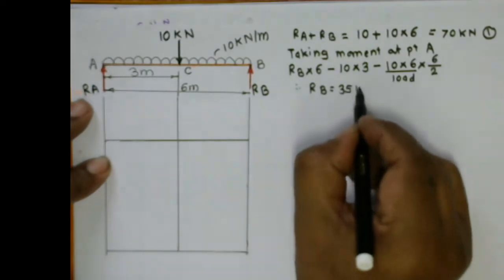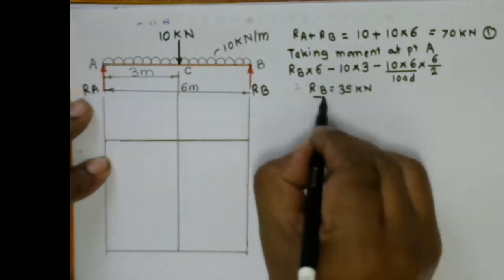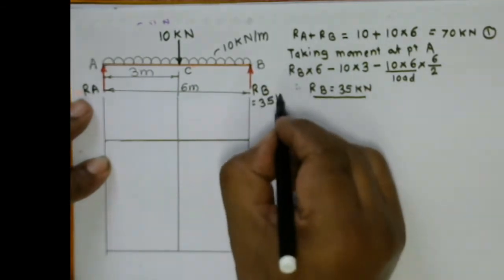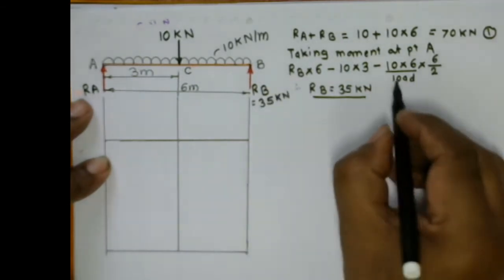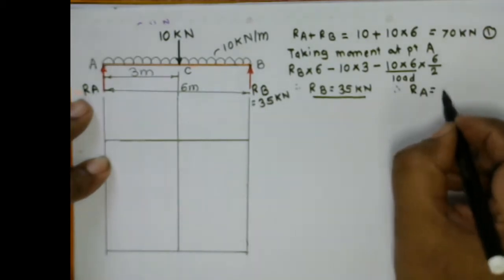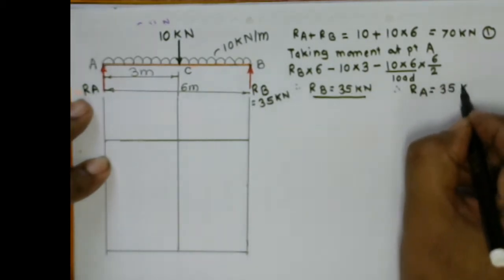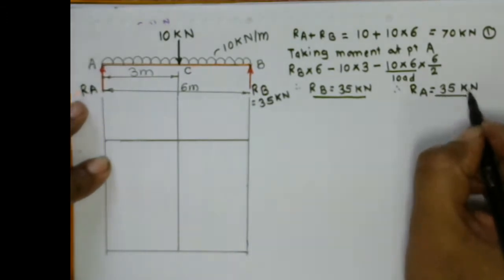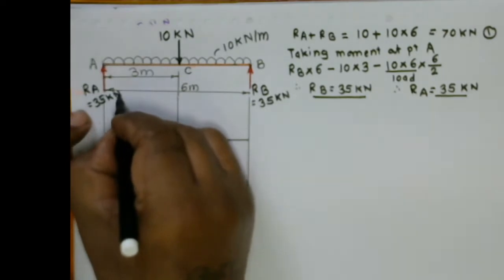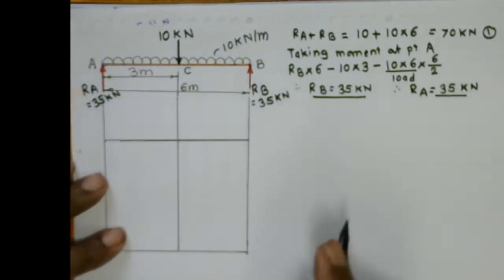So here you will get RB is equal to 35 kilonewton. Put this value of RB in equation number 1. So RB is equal to 35, then you will get RA is also 35 kilonewton. So RA and RB are both equal, that is 35 kilonewton.